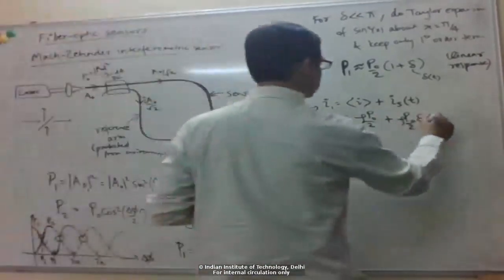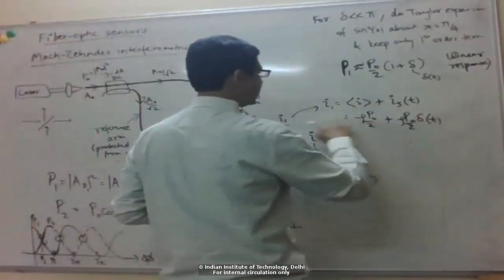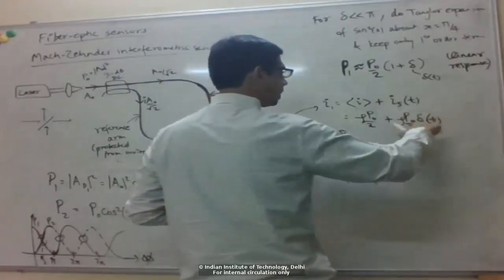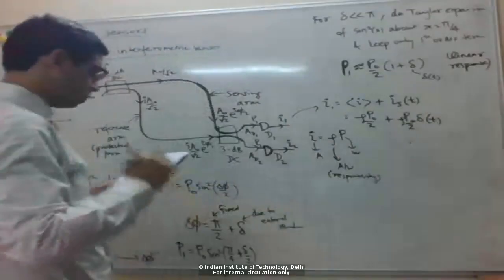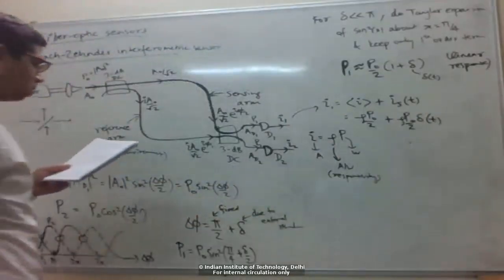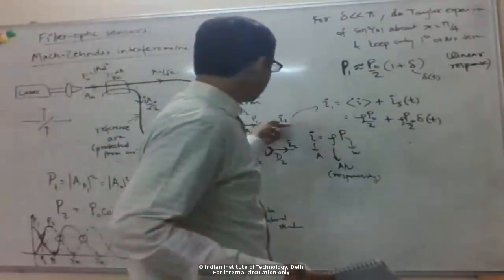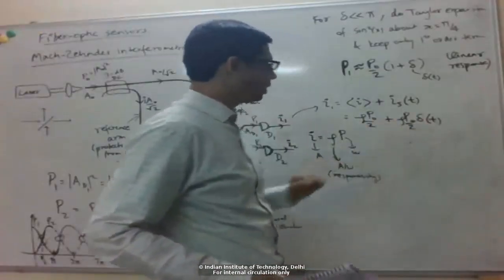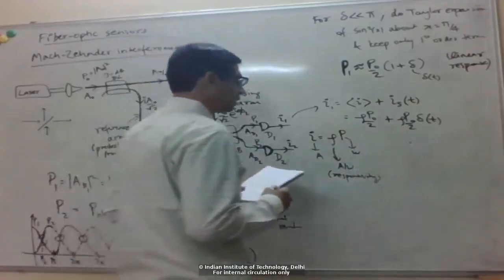Okay, so this is a DC current, and then this is some current on top of that, which monitors my external stimulus. So this is the amount of current that I get out of the detector, proportional to the thing that I want to measure.